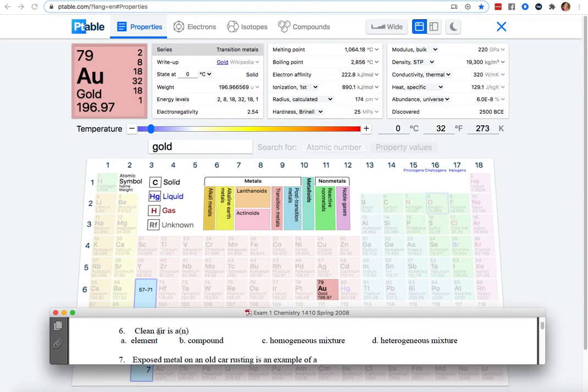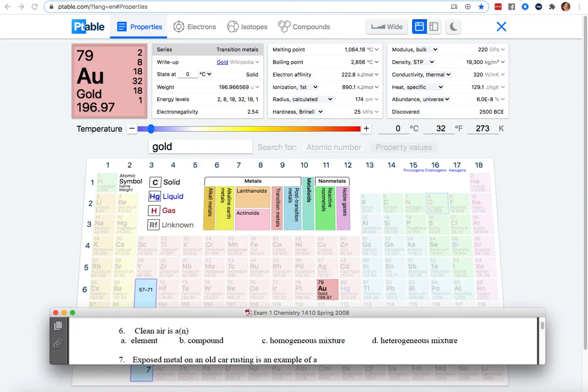Clean air. Oftentimes we think of air and oxygen as the same thing, because oxygen is the component of air that we're the most interested in, that we have the most knowledge of. We know that we need oxygen to breathe, to live.